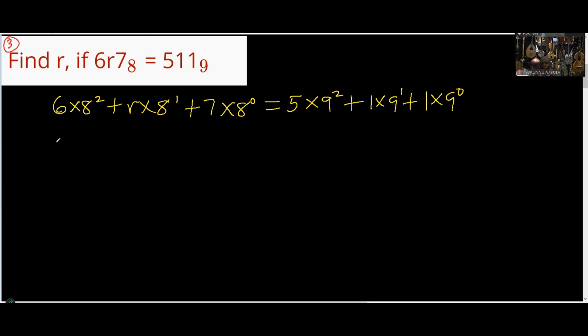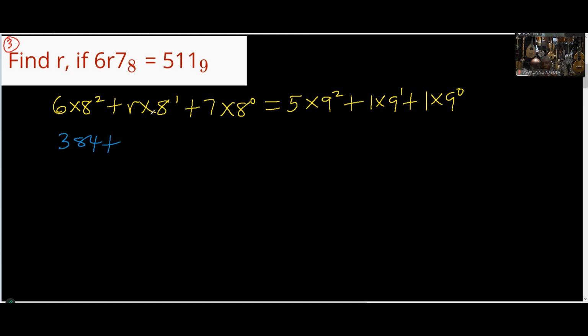Okay, so its square is going to be 64. That is 8 times 8, that's 64. So we say 64 multiplied by 6. That's 64 times 6, which gives me 384.